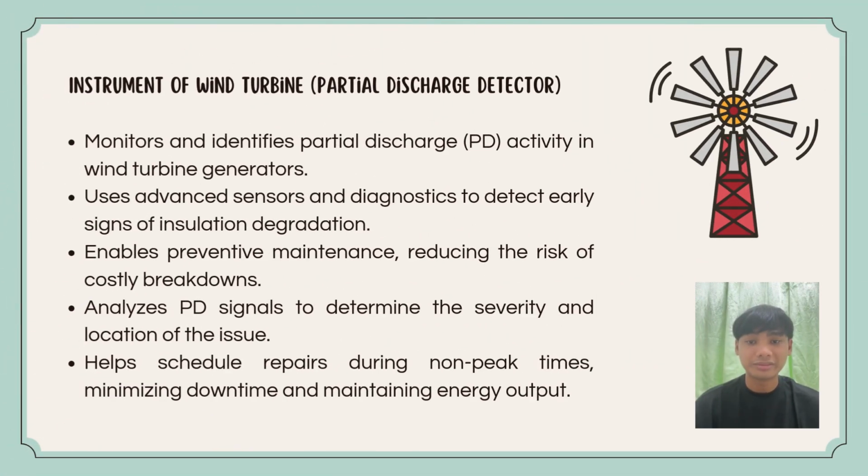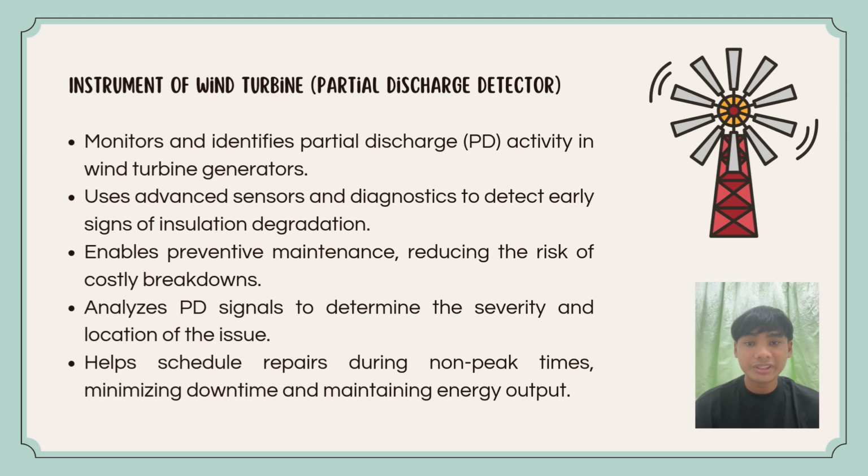Instrument of wind turbine, which is the partial discharge detector, monitors and identifies partial discharge (PD) activity in wind turbine generators. It uses advanced sensors and diagnostics to detect early signs of insulation degradation.